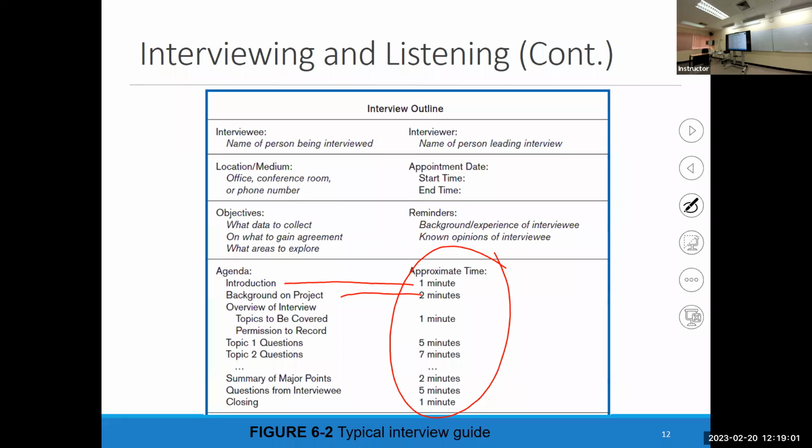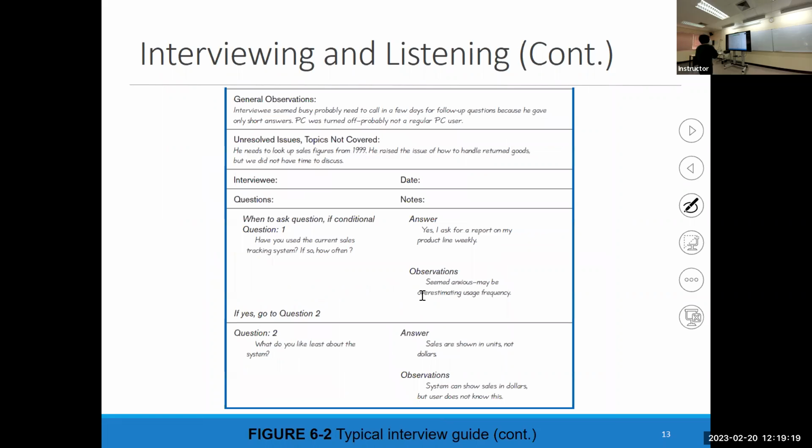You need to really explain. Because let's say you are interviewing students and staff for the AT clinic. If you just approach a person and right away talk to them, people may not understand, right? You really need to give some background.